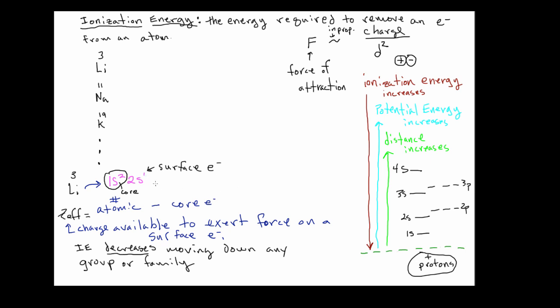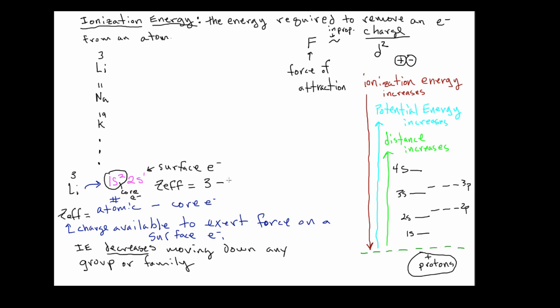So to find the Z effective for this, we're going to define first the atomic number, which is the number of protons. So it'll be 3 minus our core electrons, the electrons sitting between the protons and this outer electron. They're essentially screening this electron from the protons.